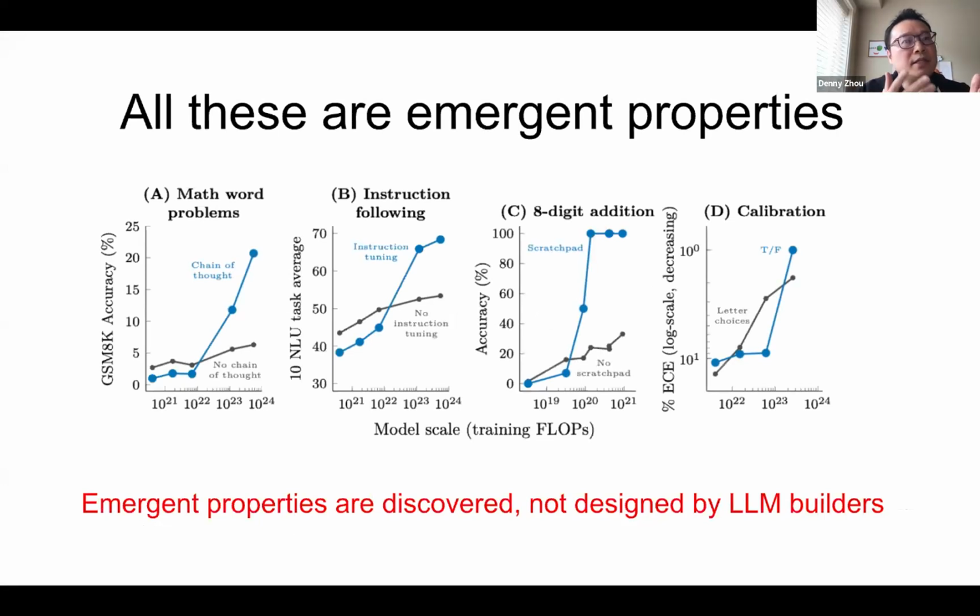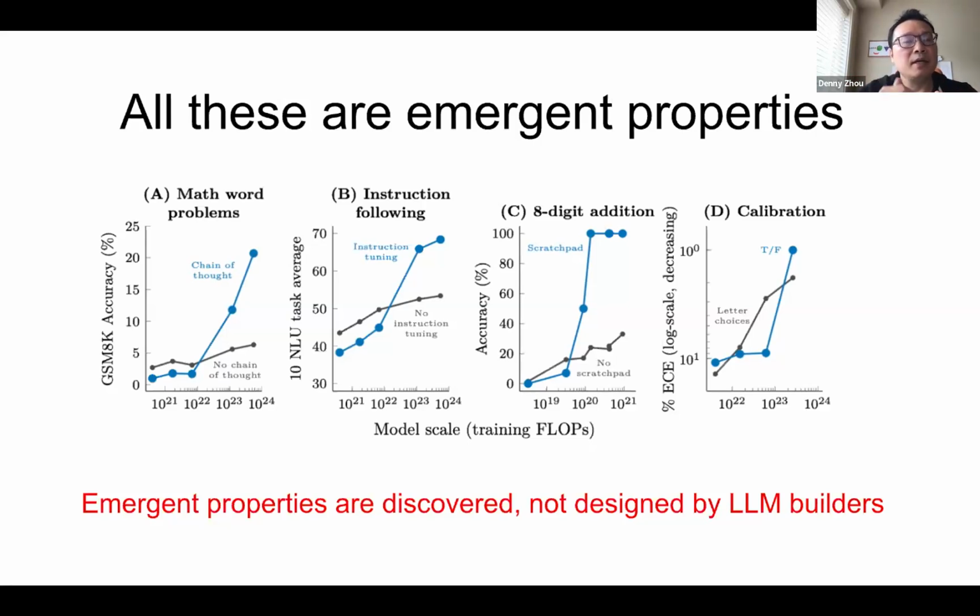For example, chain of thought prompting. There's a 2-year time gap between the GPT-3 model and chain of thought prompting. The GPT-3 model was released in 2020, and chain of thought prompting was discovered in 2022, a 2-year time gap.